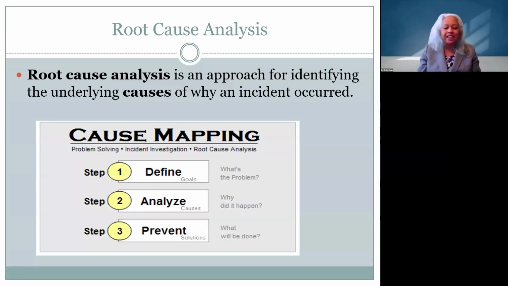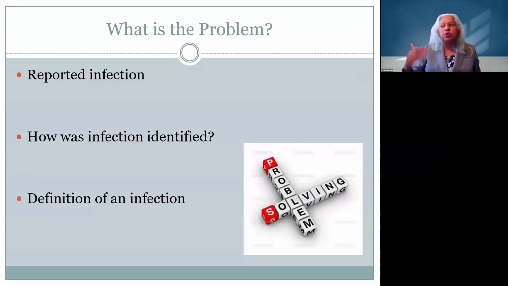Root cause analysis. But we're going to go into a little bit more detail because sometimes there are steps within those three steps, and also the plan, do, check, act, that we miss in analyzing an infection.